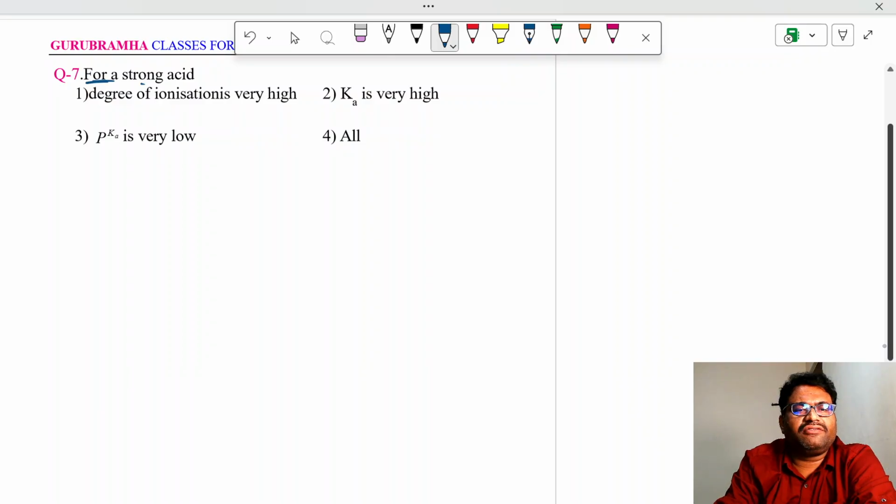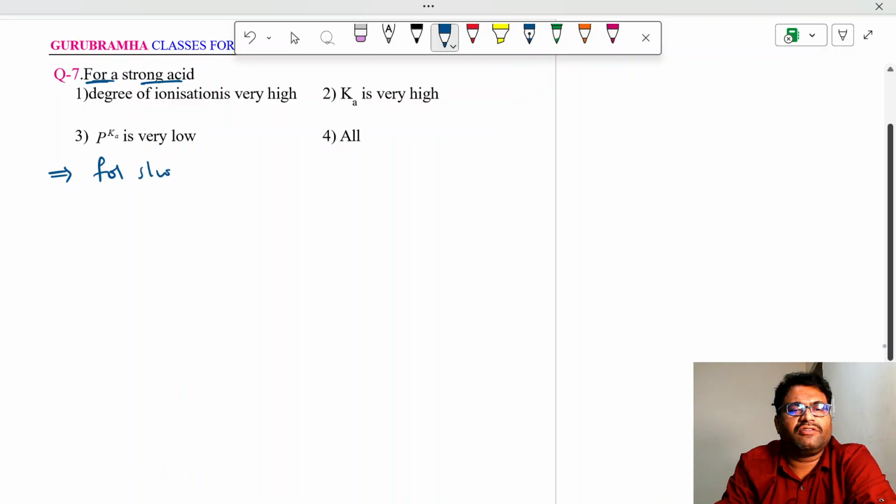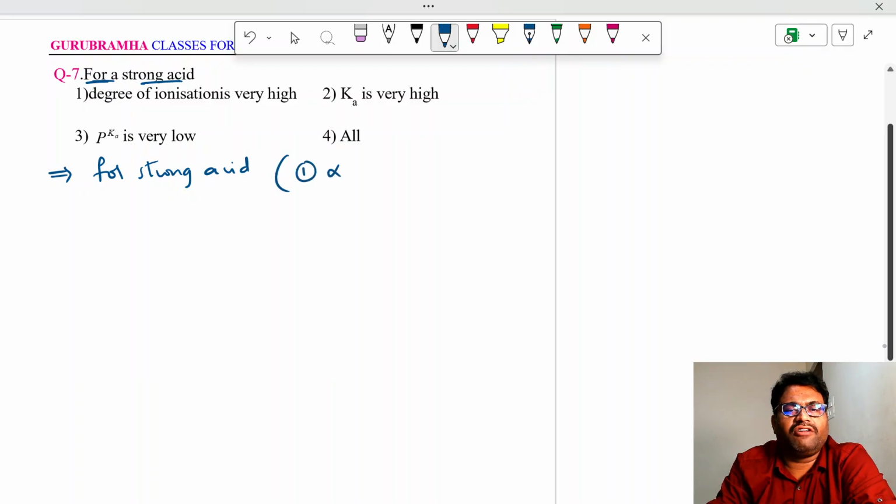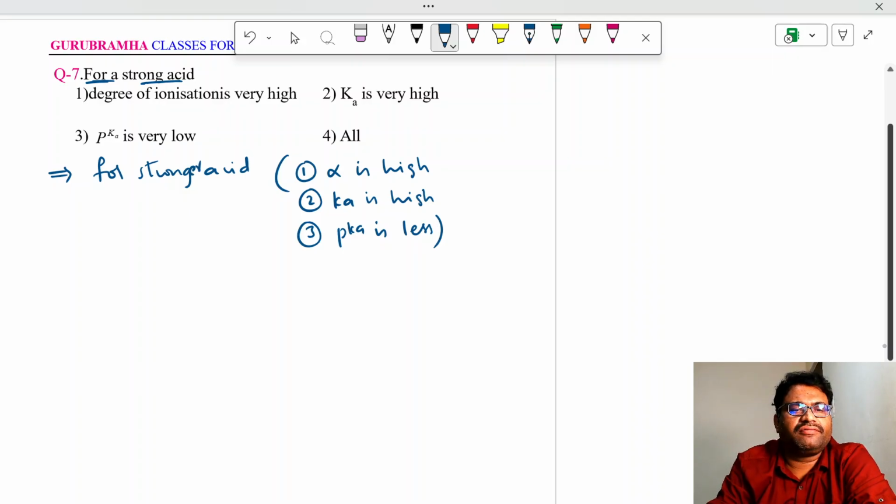For the strong acid, we studied that comparatively, first, alpha is high, more. Second, Ka is high or more. Third, pKa is less. This is for a stronger acid.